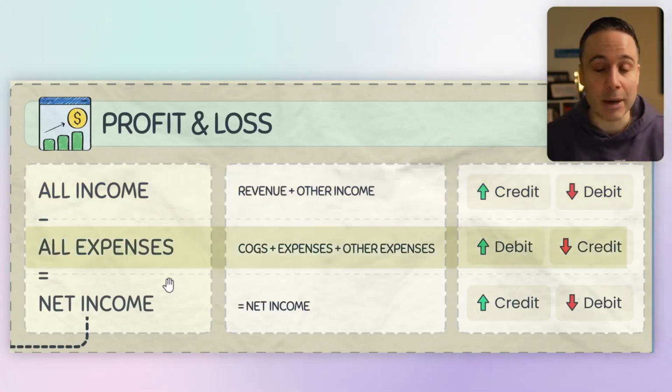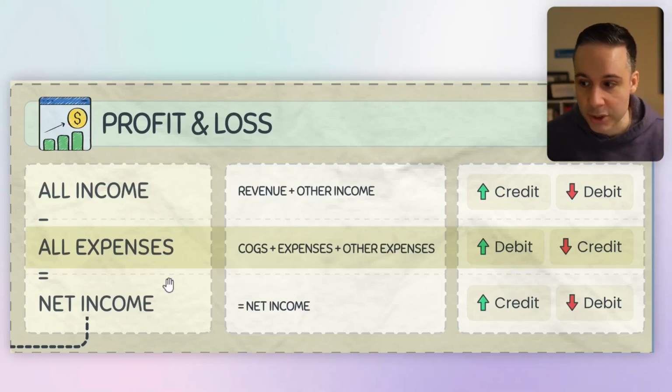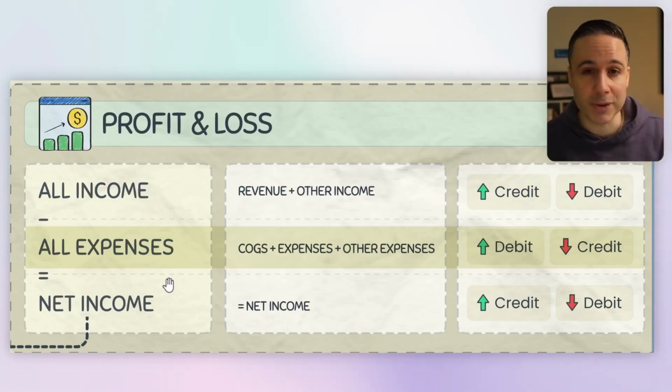Any expenses that we have will behave in the opposite way because now you're decreasing your retained earnings. So that will cause you to debit your expenses for them to go up and credit them for them to go down. Now, in reality, on the income statement, revenue doesn't usually go down, nor do expenses. They both usually just go up. But you could technically have a sales refund or an expense refund, which could cause them to ultimately go down.